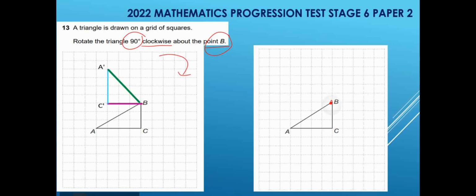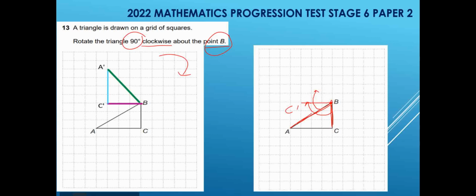First we make a line here, and we move it 90° clockwise. It should be going in that way. This line is rotated 90° clockwise, so this must be going to here, and this will be the point C prime. Now next is A to B. We rotate this 90°, something like this.